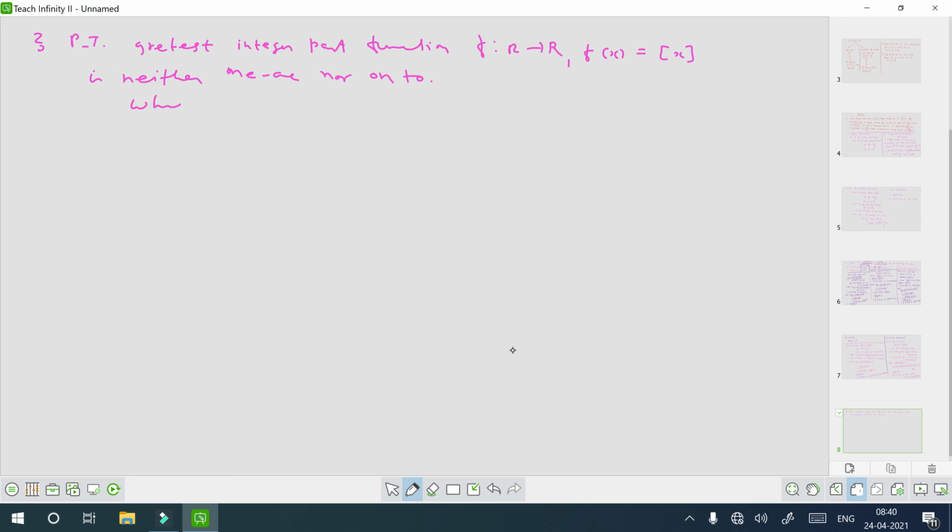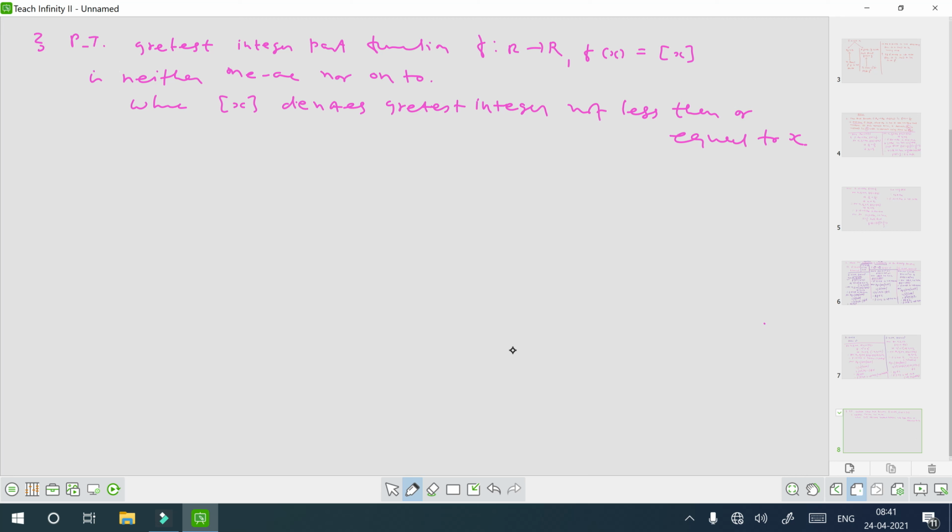What is the meaning of this? It denotes the greatest integer not greater than x.